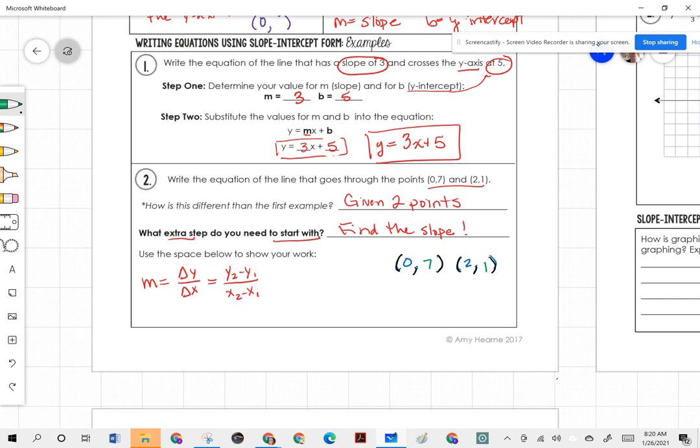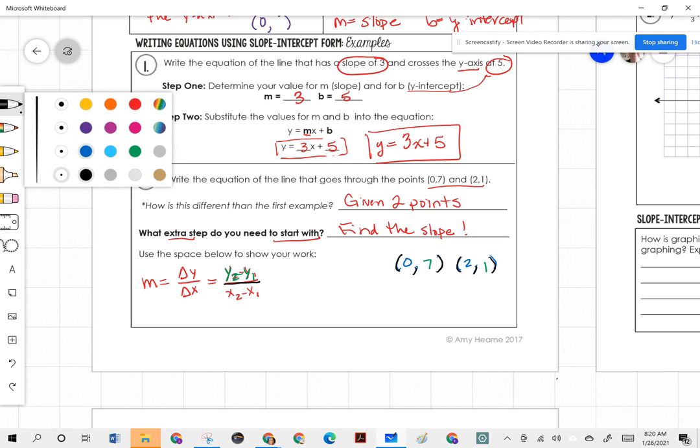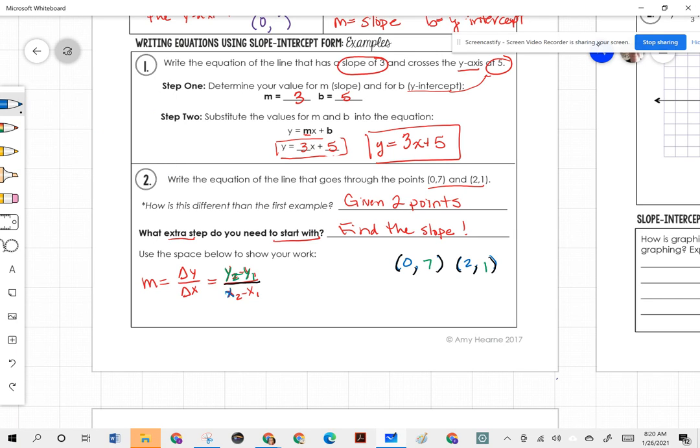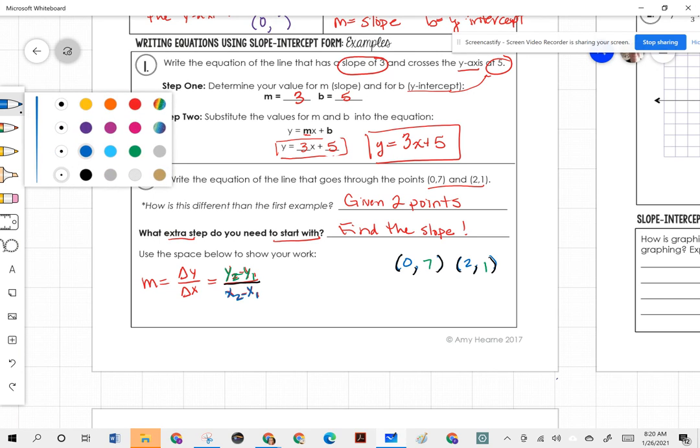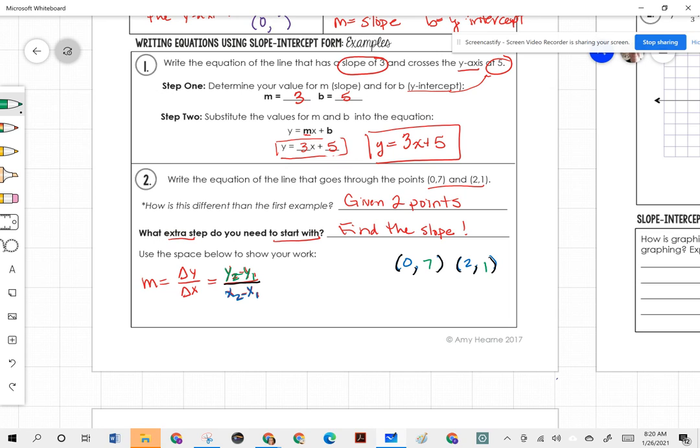So let me color code that better for you. y2 minus y1, and then my x's are represented by my blue, so x2 minus x1.